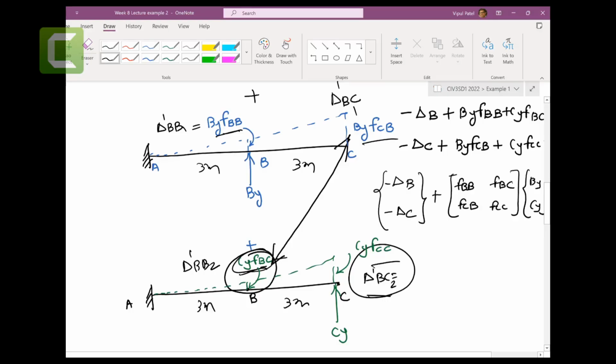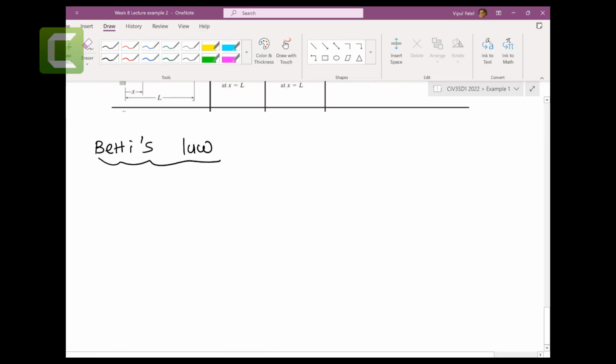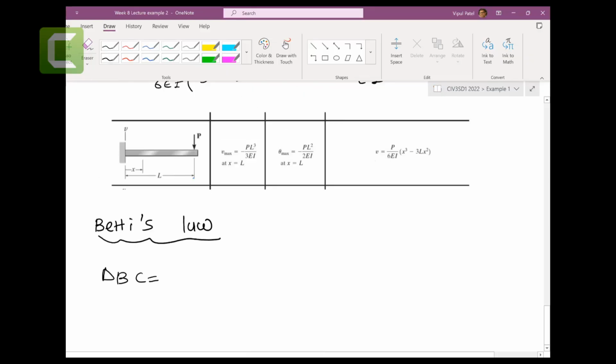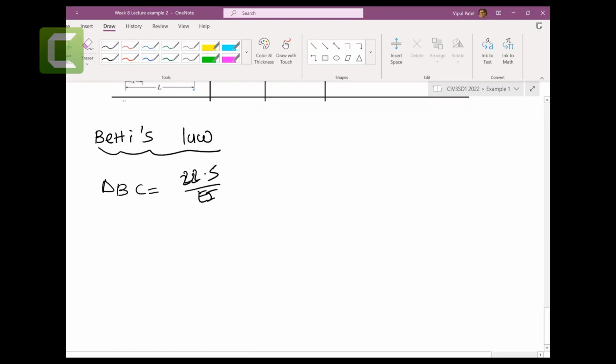You can see these displacements here by, these displacements here cy. Graphically it's not showing because I did not draw to scale, but this force by, and if you have another force cy, then this displacement here, they are the same. So delta dash BC would be the same as this one, 22.5 over EI, right? That is based on Betti's law. Now we have everything to solve.